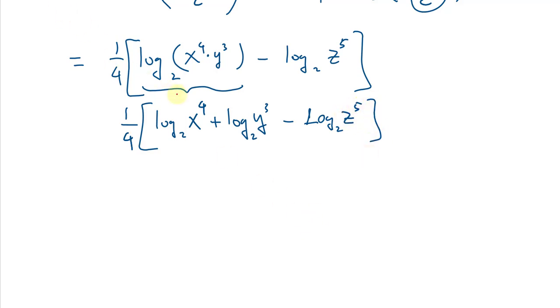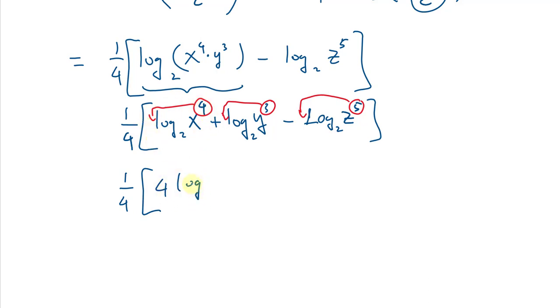And then the next step, we go ahead and we bring the power down to the front. Right, all the power we move to the front. So 1/4 still outside, 4 goes down here, log base 2 of x plus 3 log base 2 of y minus 5 log base 2 of z.